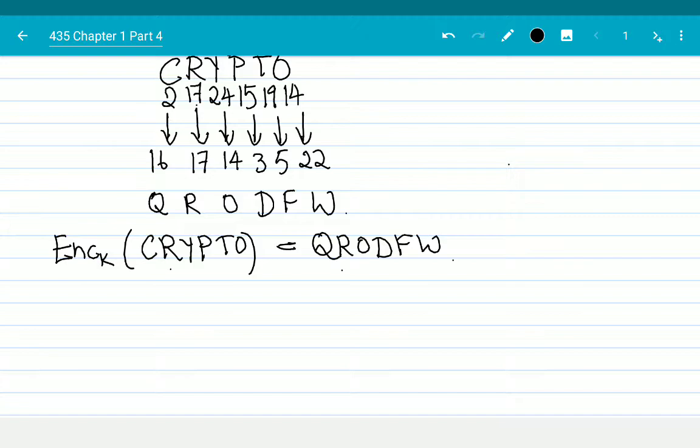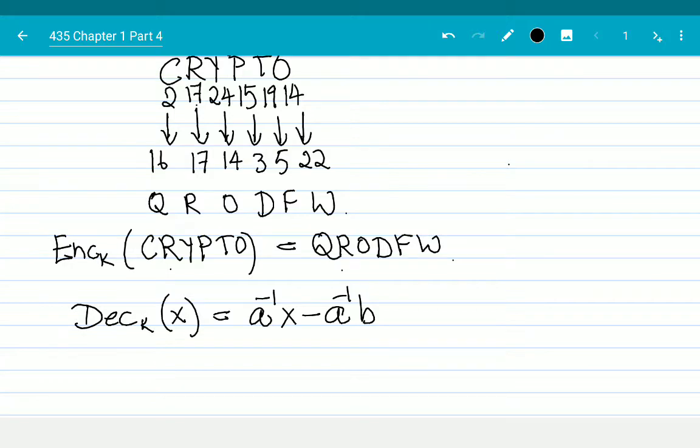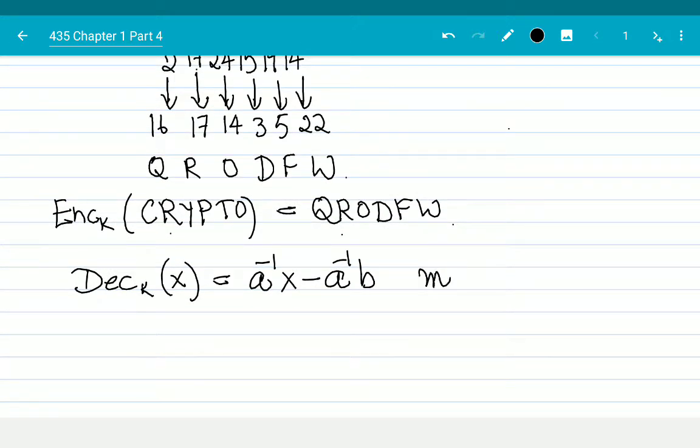Now, we want to undo the cipher. And the decryption for this, decryption of X, is A inverse of X minus A inverse B, mod 26. And for A equal to 7, the inverse A inverse mod 26 is actually 15.